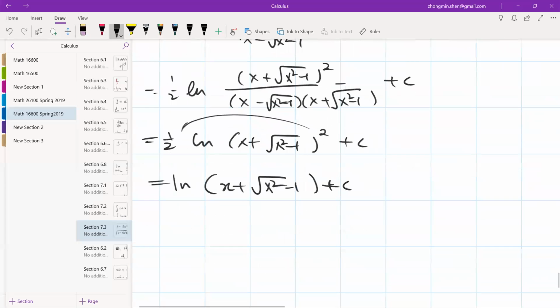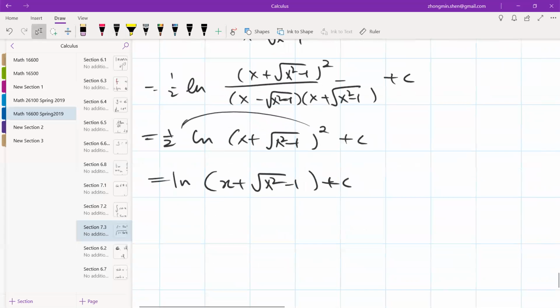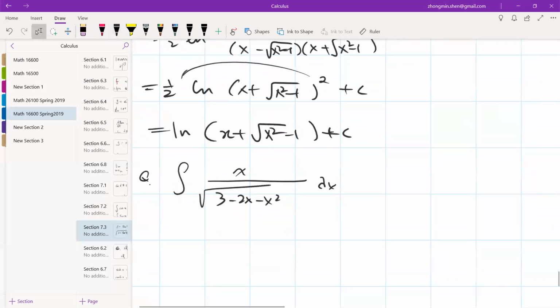The very, very last point I want to point out is sometimes you are not given the standard form. You are given integrals such as x over the square root of 3 minus 2x minus x squared dx. So it does not look like any form you are familiar with. Okay, so you have to do completing the square.